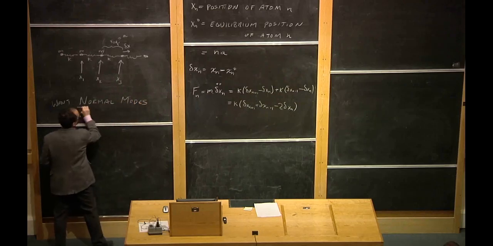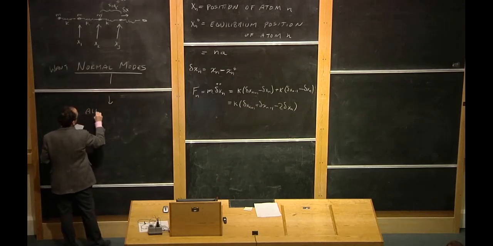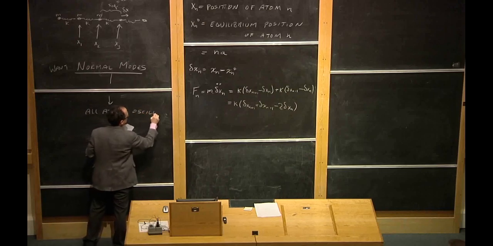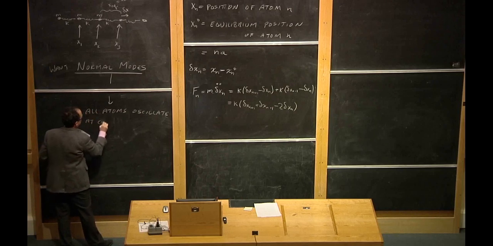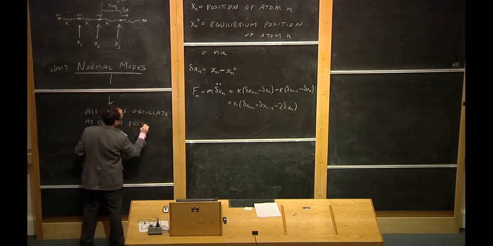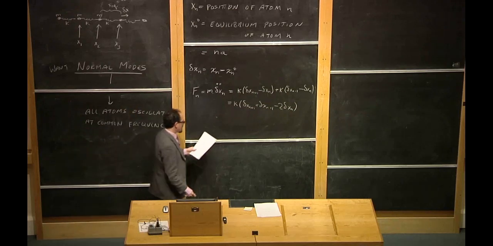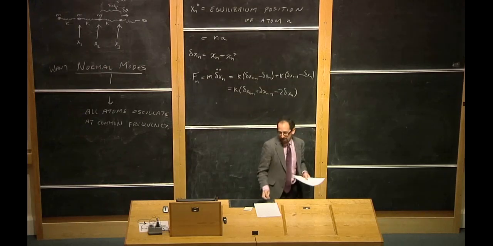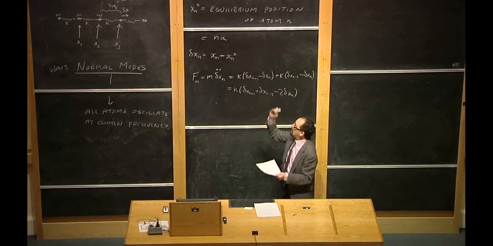Normal mode, to remind you, means all atoms oscillate at a common frequency. And if you remember how you did this in your first year courses, it ended up being an eigenvalue problem with a matrix, the dimension of the number of masses you have.